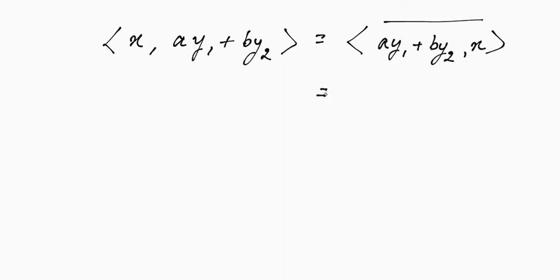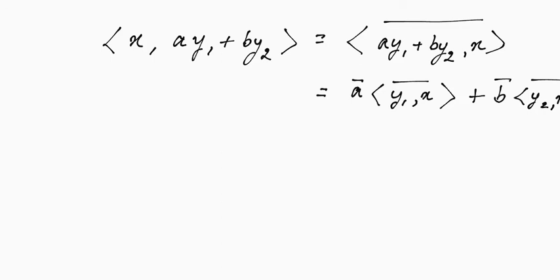Now we know that the inner product is linear with respect to the first variable. So we can take a conjugate times the conjugate of inner product (y1, x) plus b conjugate times the conjugate of inner product (y2, x). So we have used the second property. Now again using the third property, the conjugate of inner product (y1, x) is nothing but inner product (x, y1), and similarly inner product (x, y2).